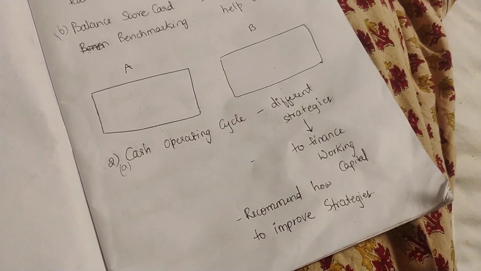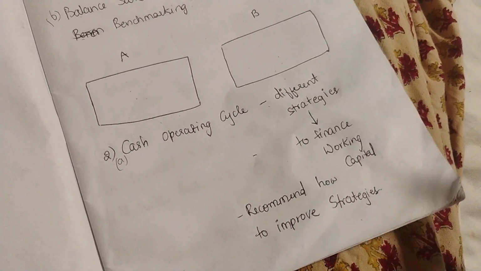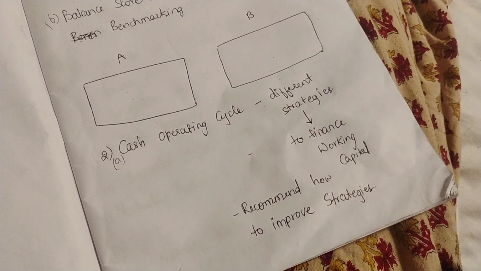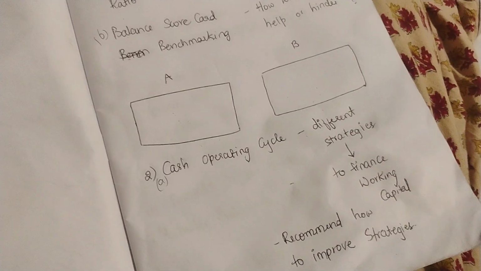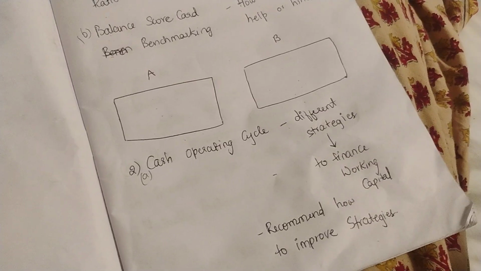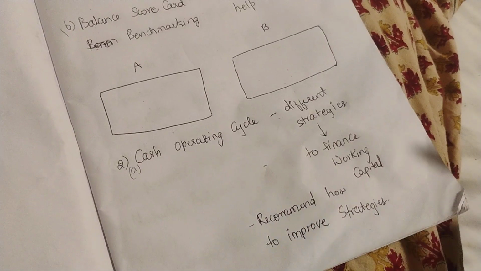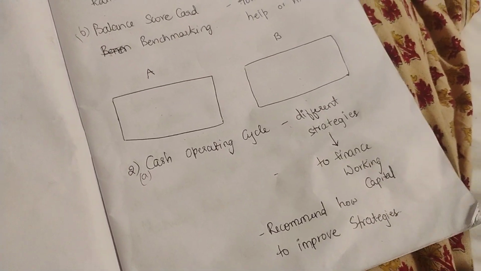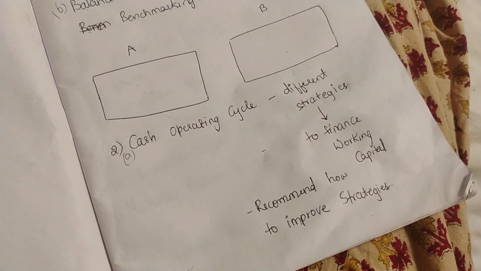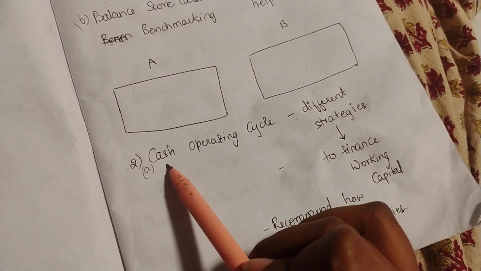How do you finance that? Where do you finance it? What are the different strategies you use? And how would the cash operating cycle be involved with the strategy? That is something you'll be explaining. And of course, you'll also recommend how to improve these strategies. Firstly, you look at what the different strategies are, and also how you actually improve them.